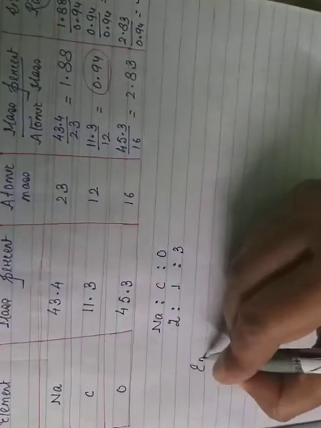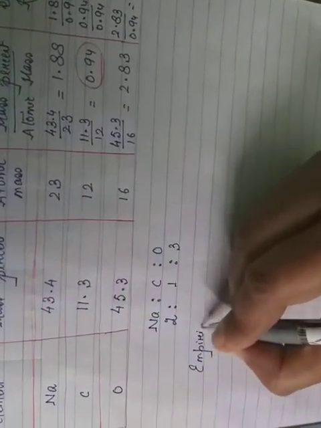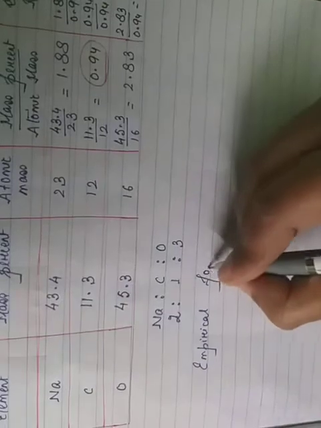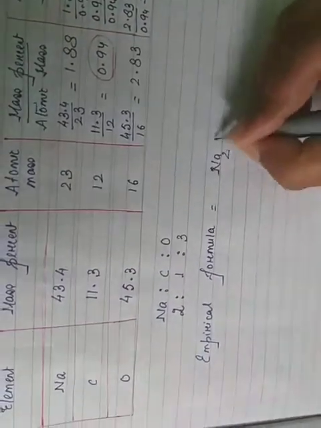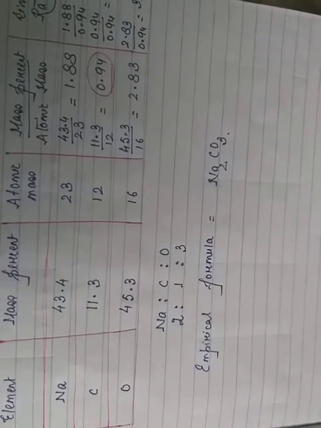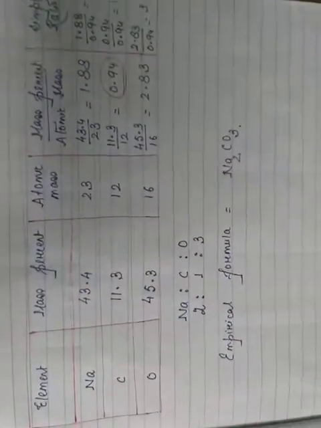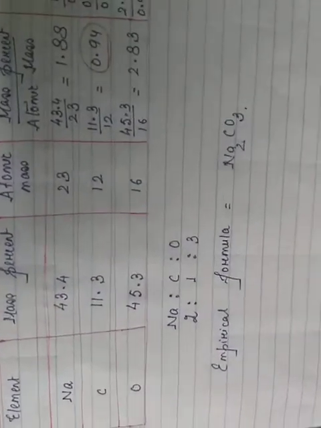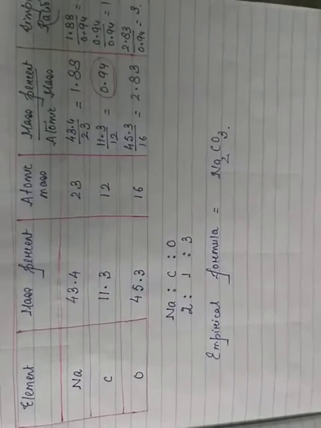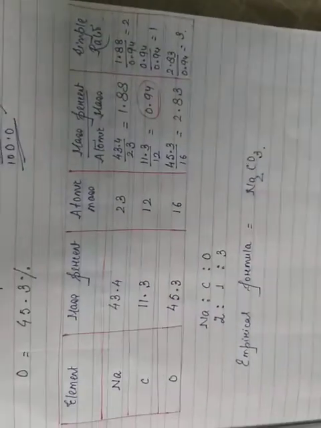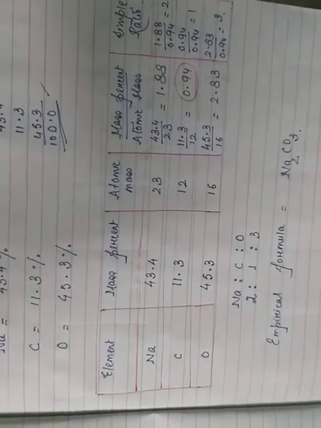Then the empirical formula is Na2CO3. Accordingly, I'll give the other questions also, so that you will be able to calculate the empirical formula from the percentage composition, and then combine this empirical formula with previous knowledge to get the molecular formula.